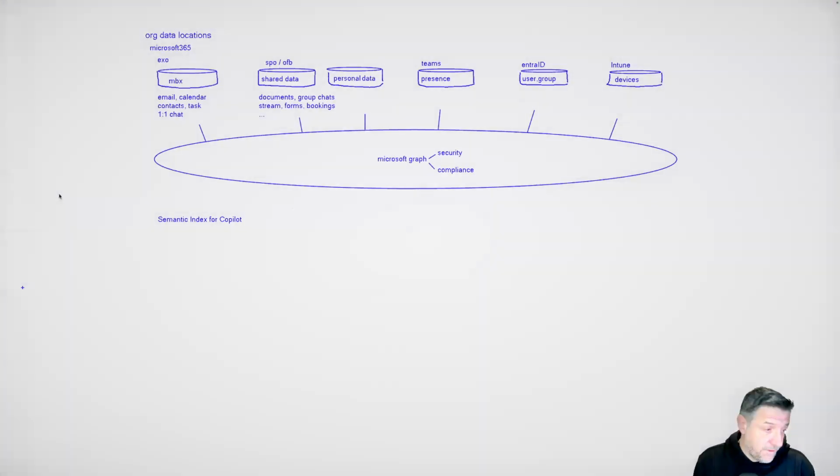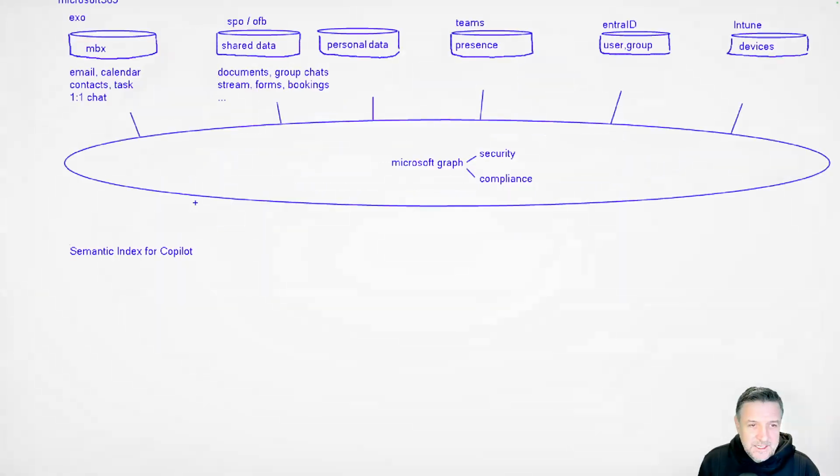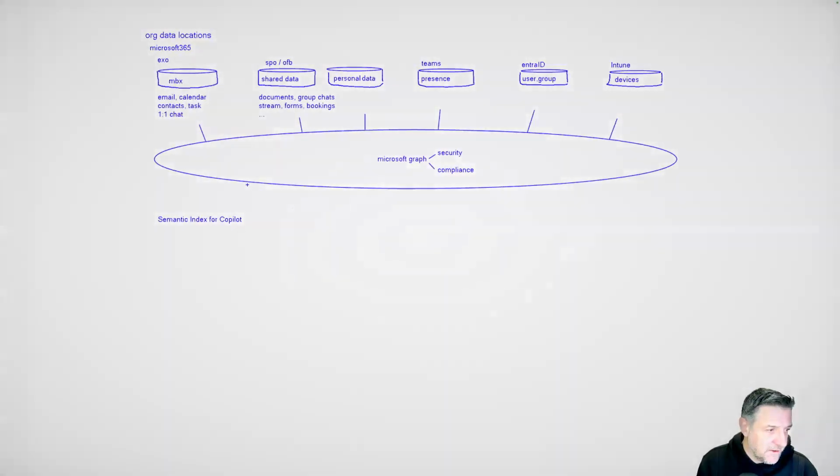search through, basically. So the semantic index is communicating with that graph in order to get the information, for any given user, on what is going on when it comes to the documents or the emails or the chat messages that this user has access to.